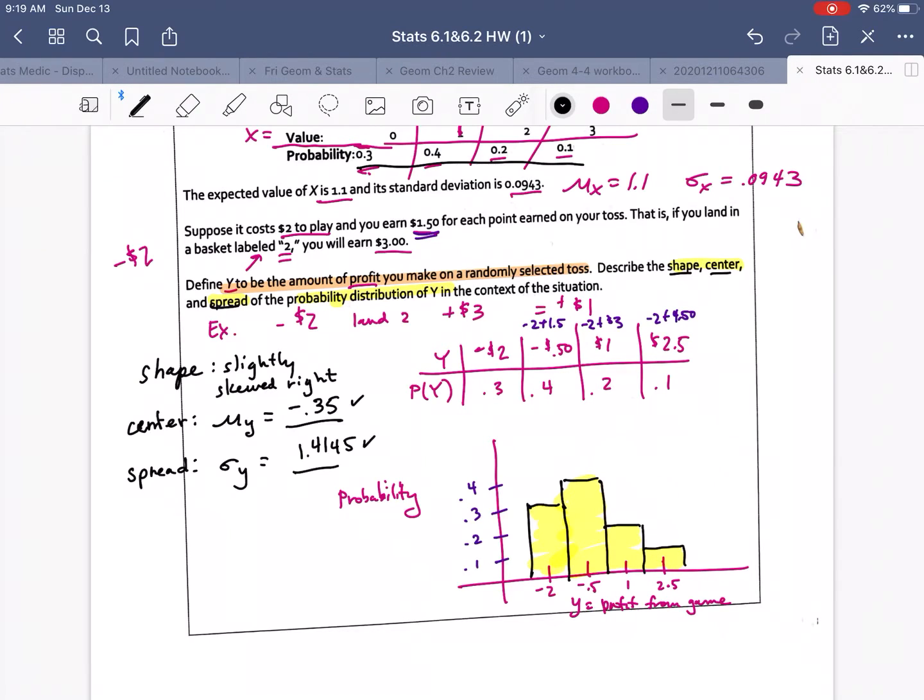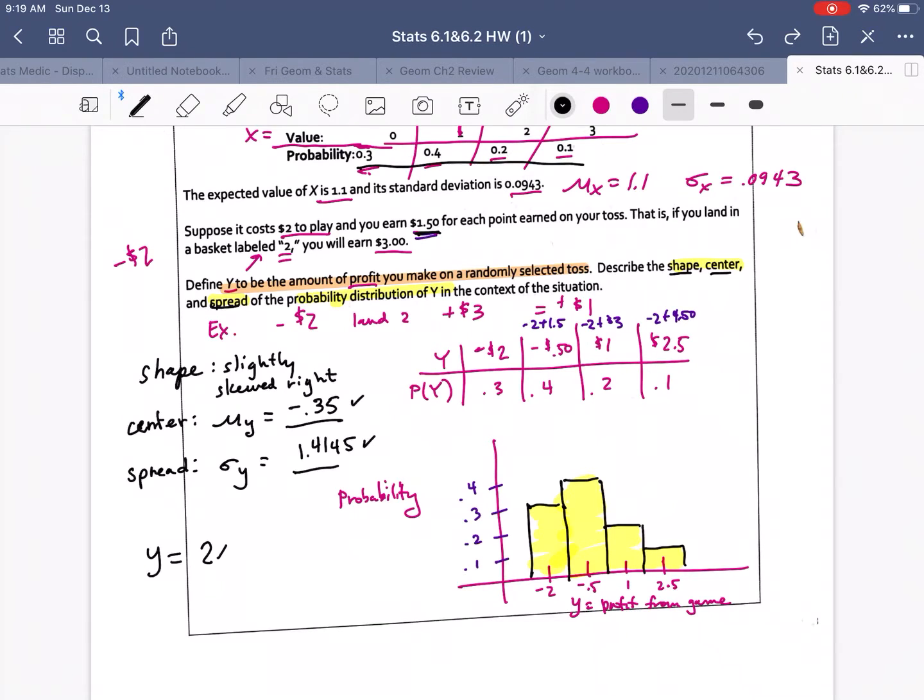Because what did I do here? Essentially, I just took my, how did I get from X to Y, right? I took this and whatever that was, so if it was 2 points, I multiplied by the $1.50 per point, right, in my example.